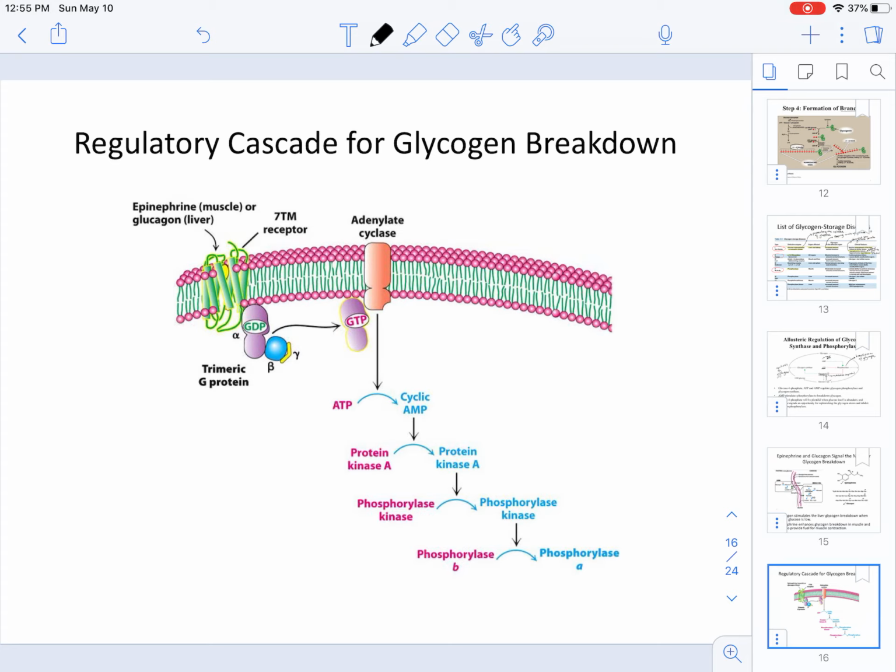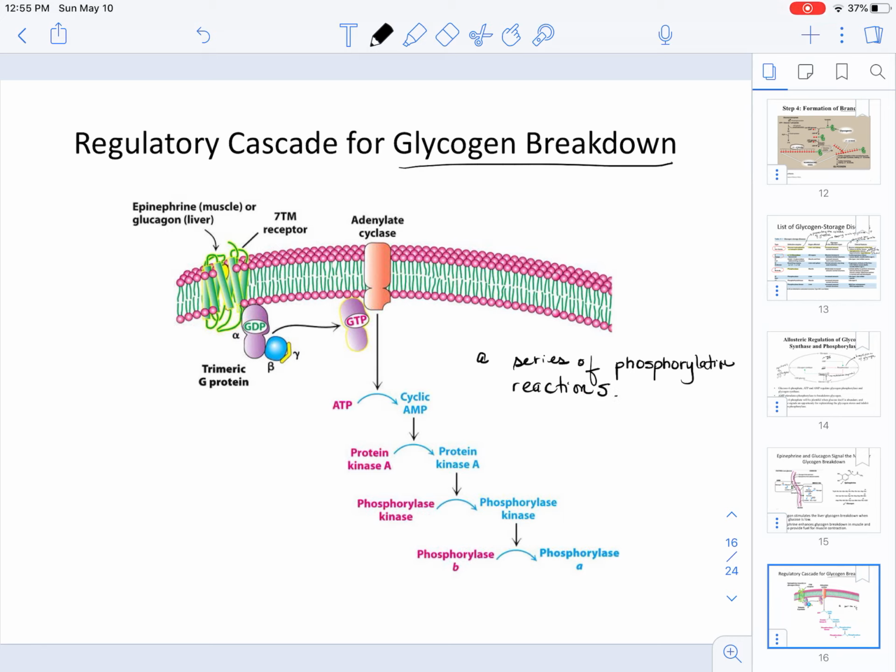So the takeaway message from here is that, as you can see, glycogen breakdown happens through the process of a regulatory cascade, which means that these small molecules that we talked about before, epinephrine and glucagon, are going to be initiating a series of phosphorylation reactions.